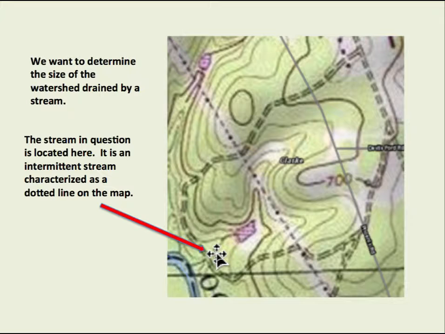And during storm events and other events, we need to make sure that the capacity of the culvert is large enough to accommodate the flow of water through that stream.